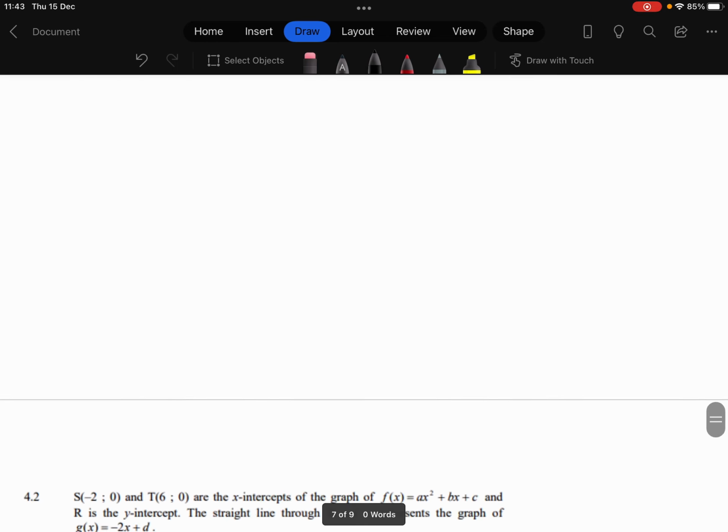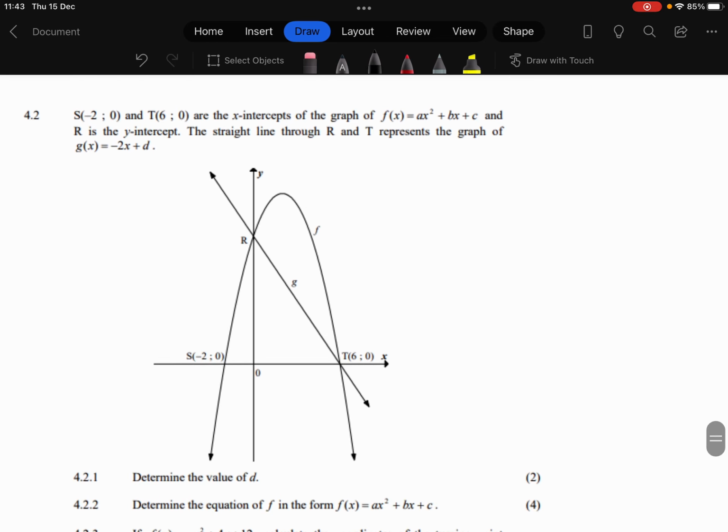Moving on to question 4.2, it says s is the coordinate negative 2 and 0, and t, 6 and 0, are the x-intercepts of the graph of f of x, and r is the y-intercept. The straight line through r and t represents the graph of g of x is equal to negative 2x plus d. Determine the value of d.